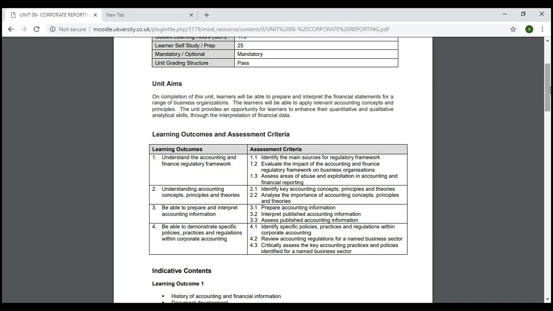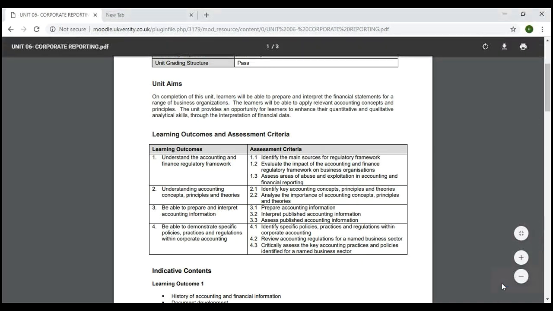Identify the main sources of the regulatory framework, evaluate the impact of the accounting and finance regulatory framework on businesses, and assess areas of abuse and exploitation in accounting and financial reporting, which we'll go through with various examples as well.